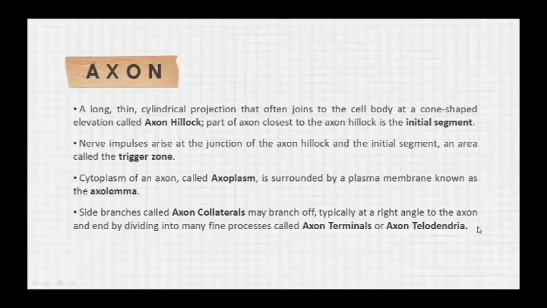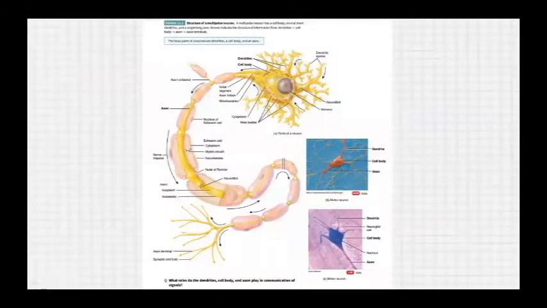If you look at this picture, you will see the more detailed parts of the neurons. Here you will see the axon hillock, which is the part of the axon that is connected with the cell body or the soma.